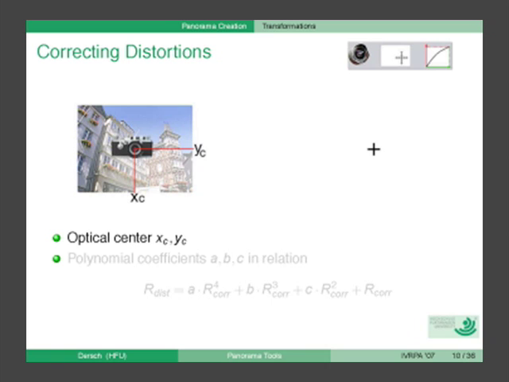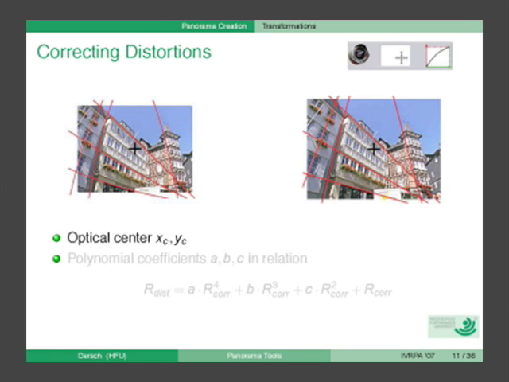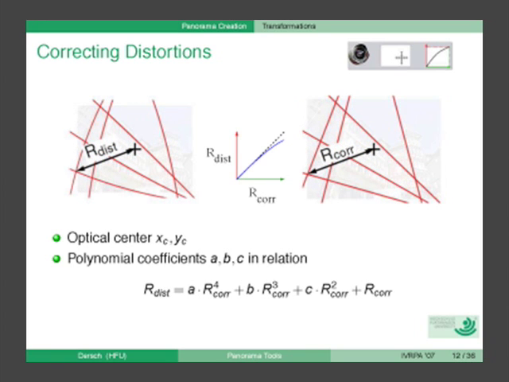Now, distortions in lenses are mainly radial type, either barrel or pincushion. In wide-angle lenses, mostly radial barrel type. They lead to convex bending of straight lines in the scene. Some of these straight lines are shown here in red, and they can be better seen by dimming the image.